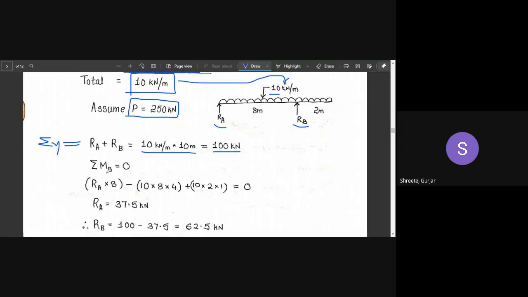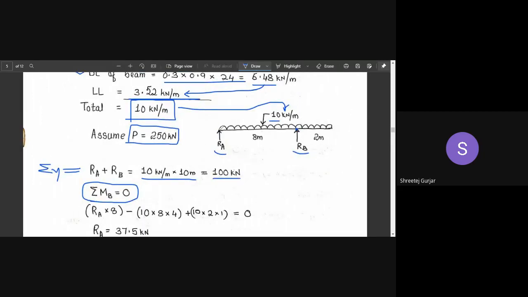So next, we will calculate the moment, or we will do the summation of moment at B and equate it to 0. Starting from your left side, RA will go clockwise. What is the distance between RA and point B?